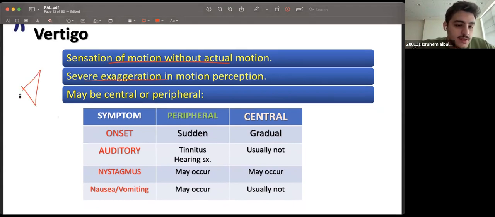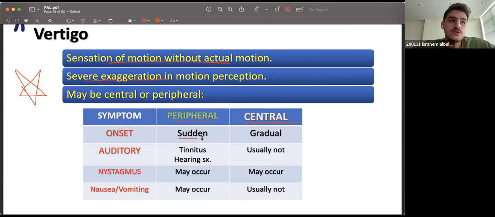So this is the first slide they usually ask you about: the difference between peripheral and central vertigo. For peripheral, we said it's damage to the nerve itself or the inner ear. Central is usually damage to the cranial nerve 8 nuclei, so in the brainstem. And they differ in symptoms. Peripheral damage is usually sudden.